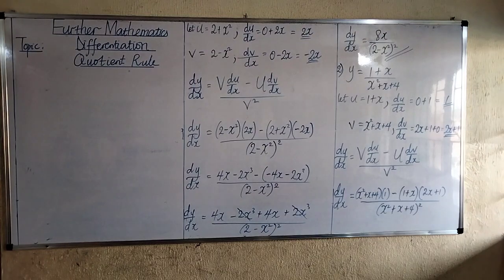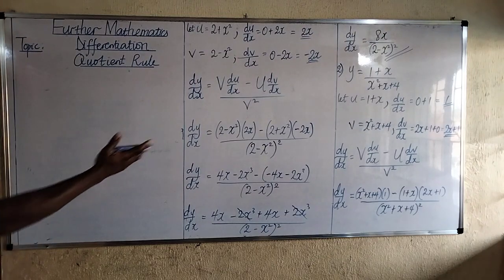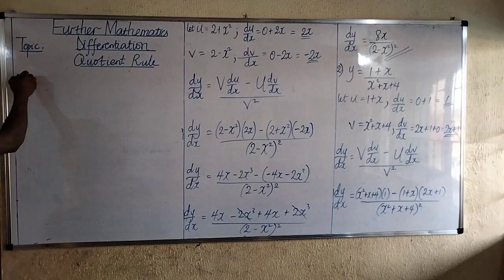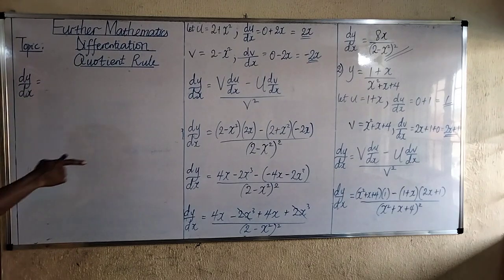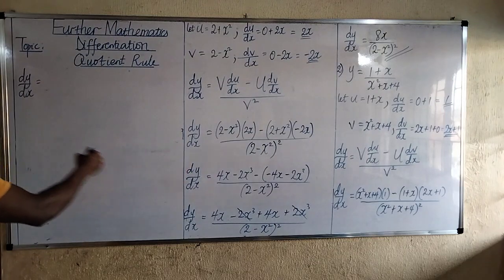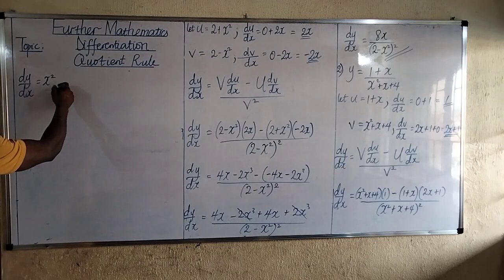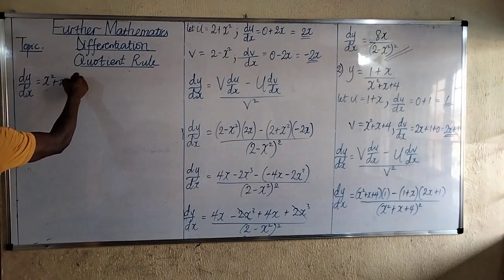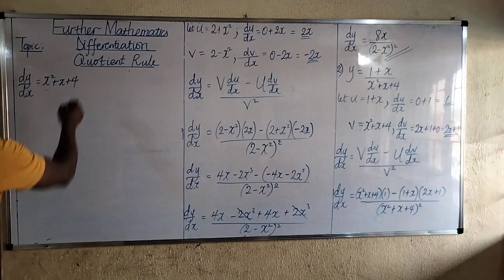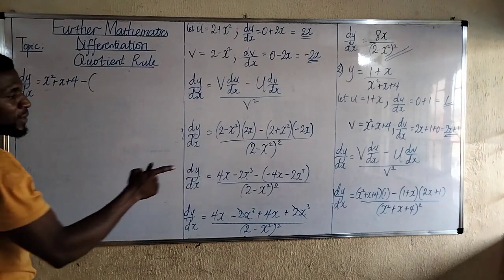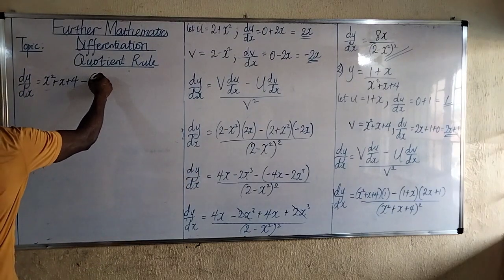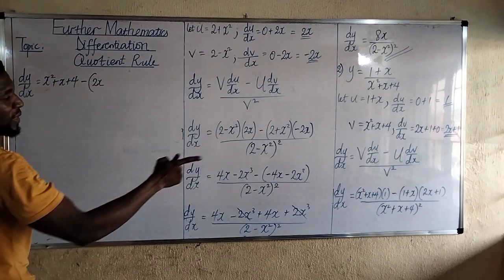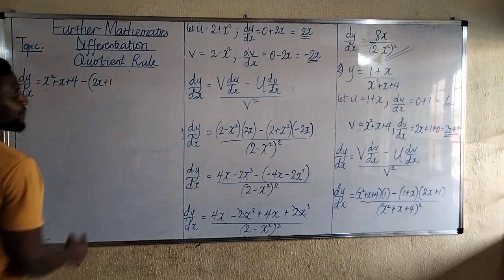Having gone through this, we can proceed by expanding the bracket. So our dy over dx will now be 1 times everything in that bracket, which gives us x squared plus x plus 4. Put the negative sign, open a bracket. Now, 1 times 2x will give us 2x. 1 times 1 will give us plus 1.